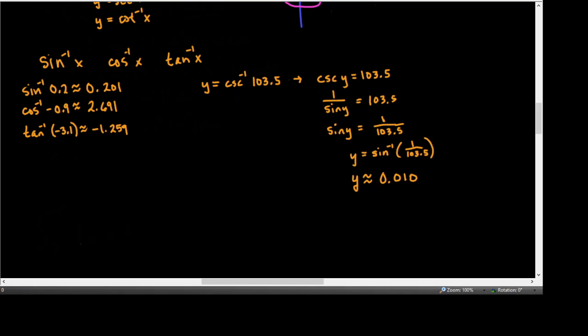Okay, so I'd like for you to try this one. y equals secant inverse of negative 8.34.